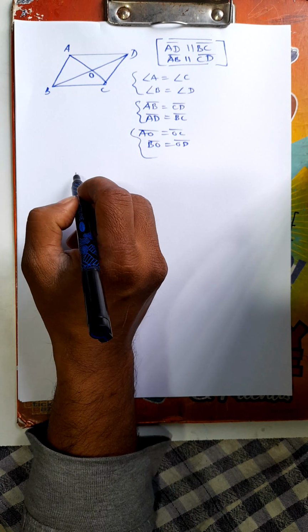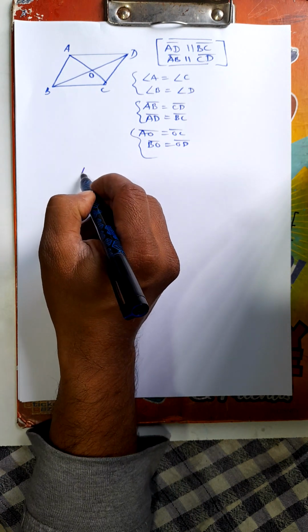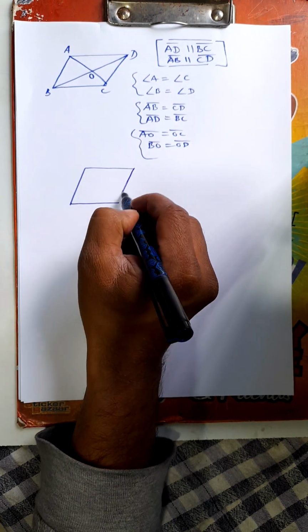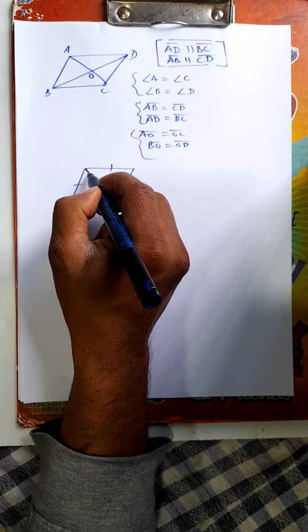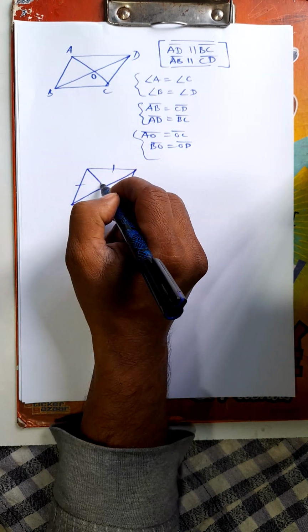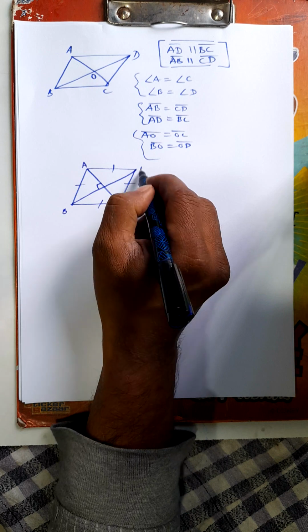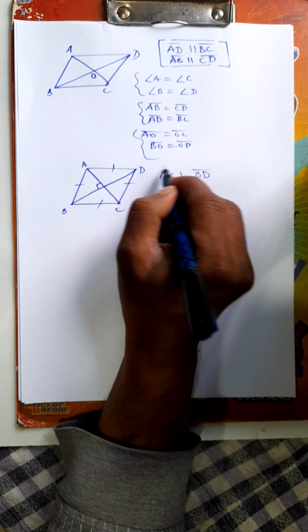Then we find the properties of rhombus. A rhombus is a parallelogram in which all sides are equal. Then in a rhombus, diagonals bisect each other at right angles, right? AC perpendicular to BD.